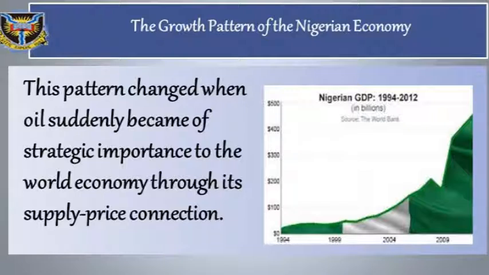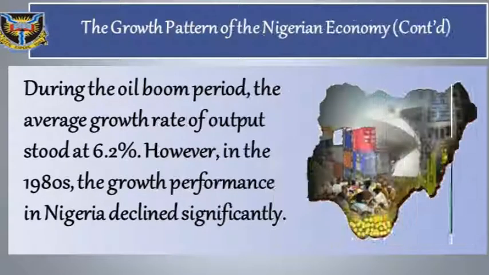There began a dramatic shift of policies from a holistic approach to benchmarking them against the state of the oil sector. During the oil boom period, the average growth rate of output stood at 6.2%.